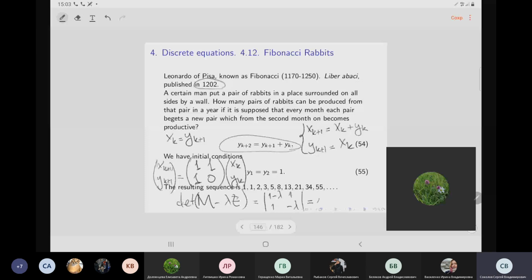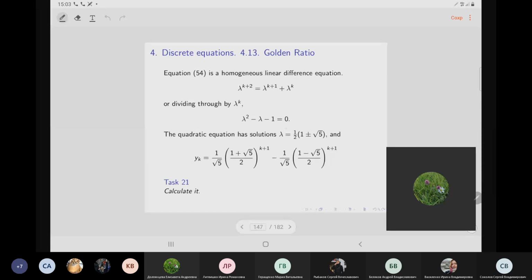It is lambda square minus lambda minus 1. So it is our eigenvalue problem. This one.